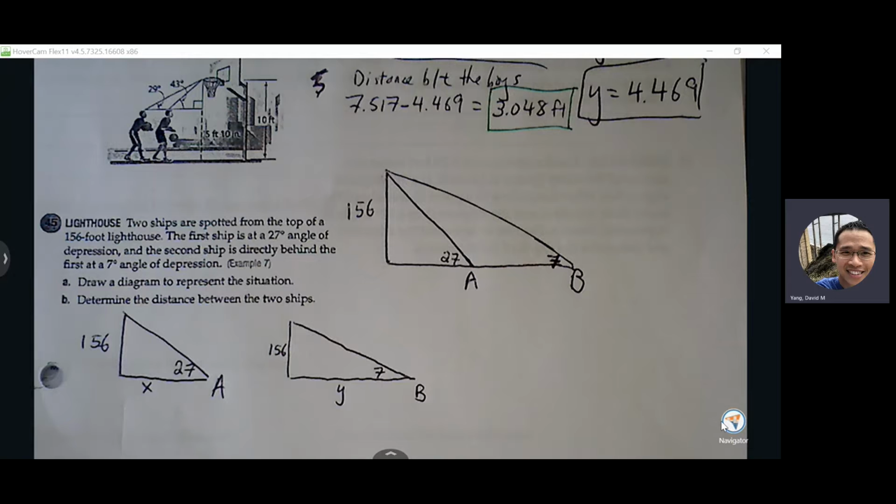Same steps now as the previous problem. Go ahead.